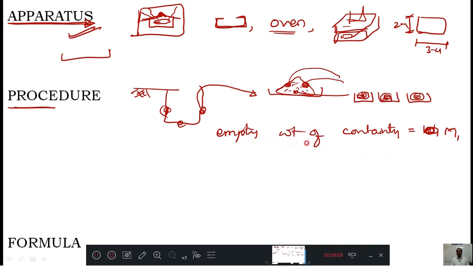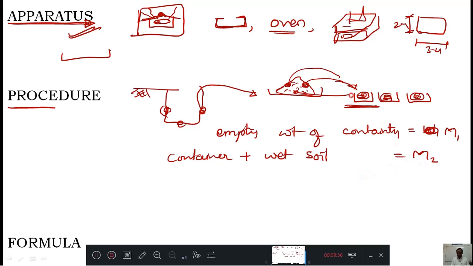M1 is the empty weight of the container. Then I will put the soil and measure this mass. Initially the soil will be wet. Therefore container plus wet soil, I will read it as M2.